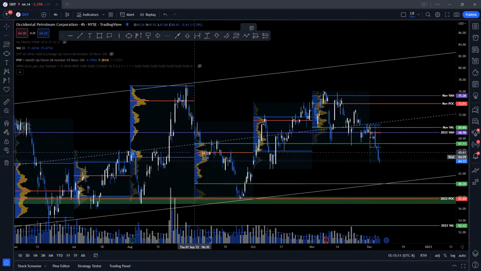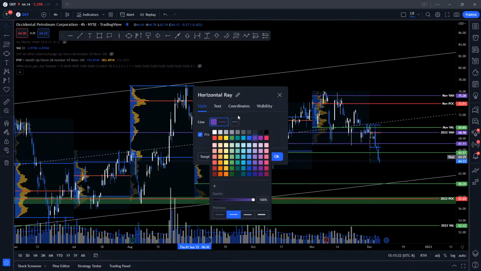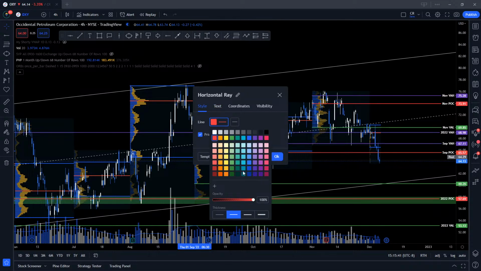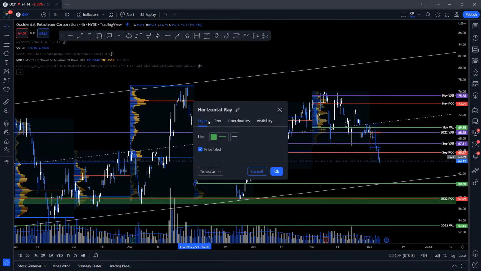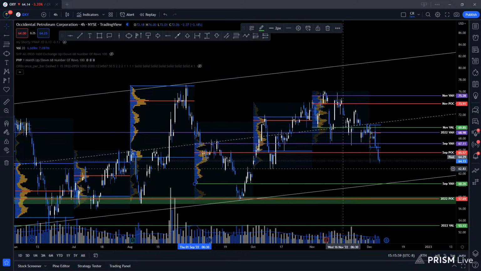So we're back inside September's value area. I actually think we might just be coming to here.